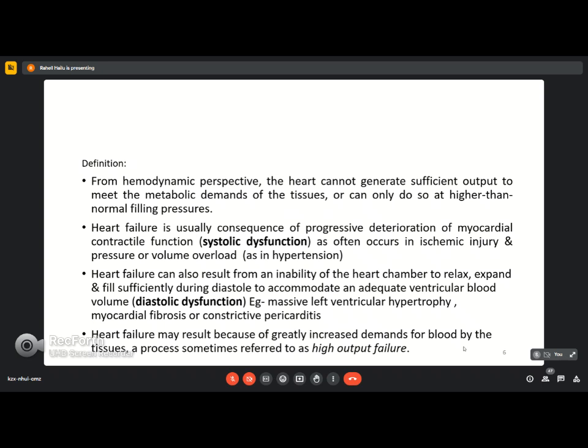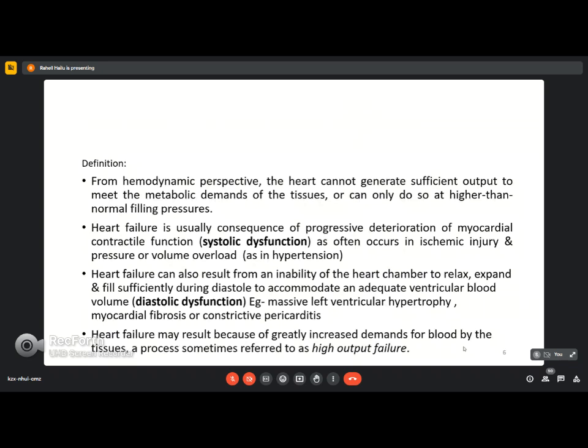For example, in thyrotoxic patients, where the thyroid hormone is released excessively, elevating the basal metabolic rate, that means increasing the peripheral demand of almost every cell, and also resulting in massive peripheral vasodilatation. The heart is required to circulate a large volume of blood through its system, and because thyroid hormones also increase the activity of the heart, the workload on the heart increases.